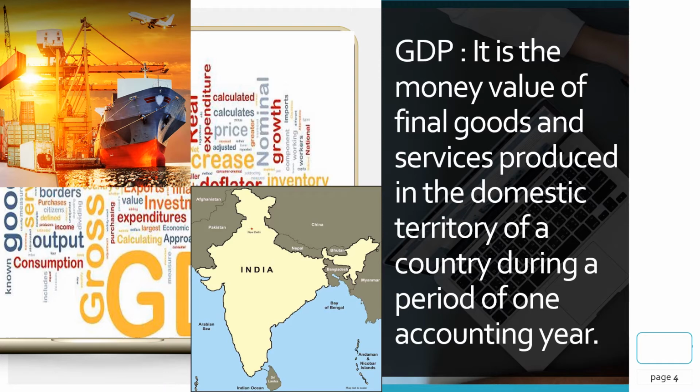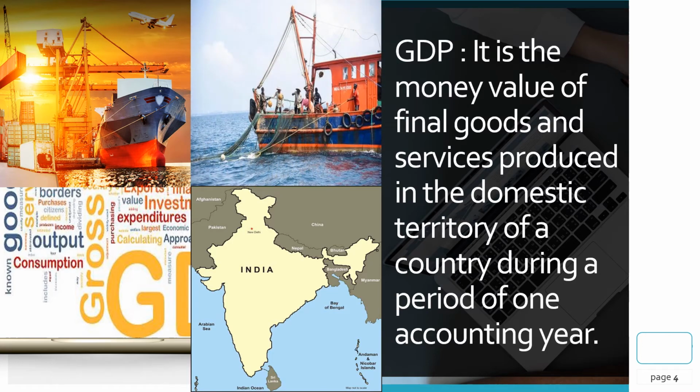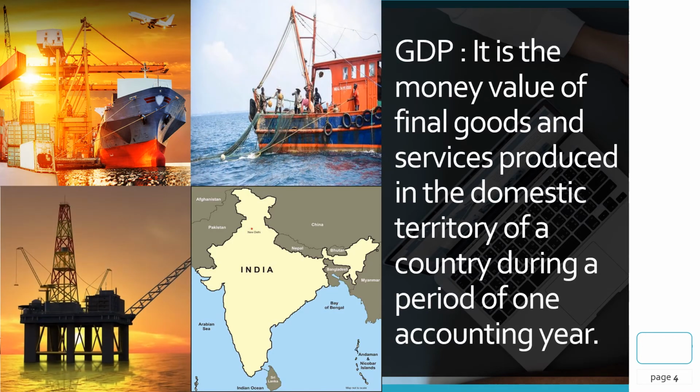For example, Indian ships moving between perhaps Japan and Korea regularly, or airplanes operated by Air India between England, Canada, Australia, could also be a part of the domestic territory of our country. So also fishing vessels, oil and natural gas rigs and floating platforms operated by our residents in international waters, is also a part of our domestic territory.